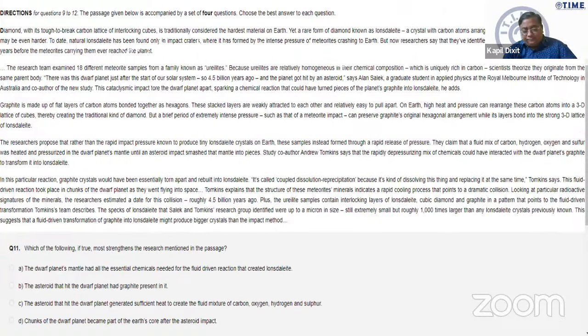Question number 11. Which of the following, if true, most strengthens the research mentioned in the passage? See, it is very clear from this line of the passage.